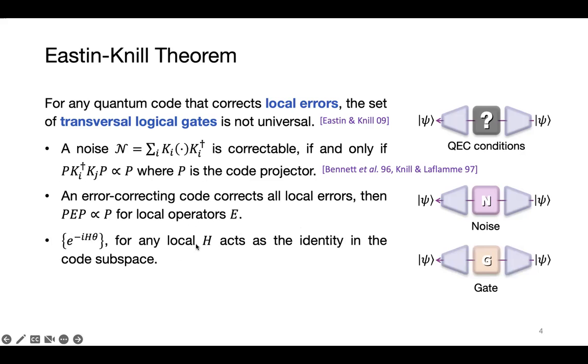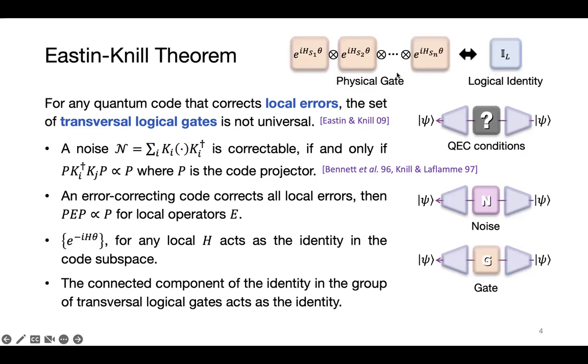Then from the quantum error correction condition, we can see that this type of gate must also act as the identity operator in the code subspace, because the generator of this is going to be trivial, satisfying this condition. As a result, we basically prove that any type of gate that can be written in this form, which is also a logical gate, must act trivially in the code subspace.